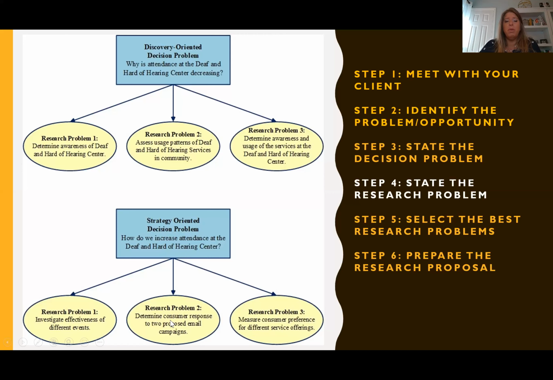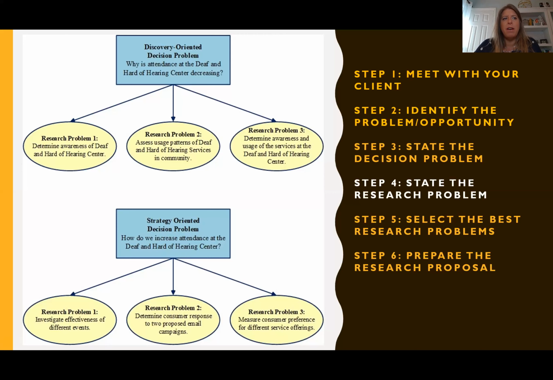Research problem number 2 is to determine consumer response to 2 proposed email campaigns. You can show consumers 2 different email campaigns, and you can do several things. You can do sensory investigations where you see where they're looking on the email to see if they're actually focusing on the information you want them to focus on.